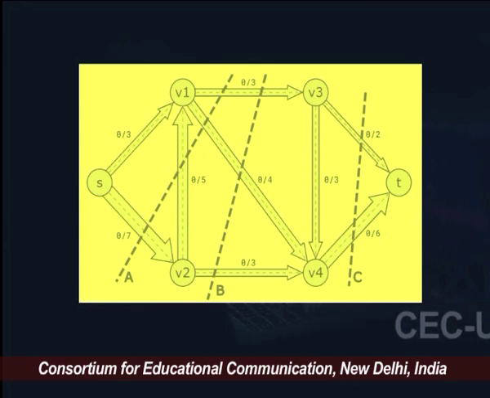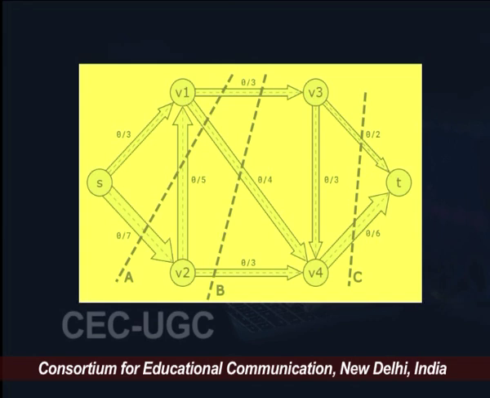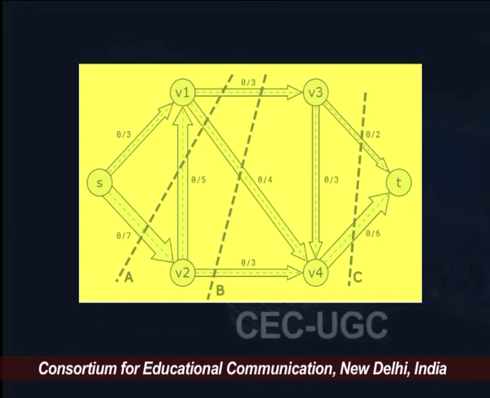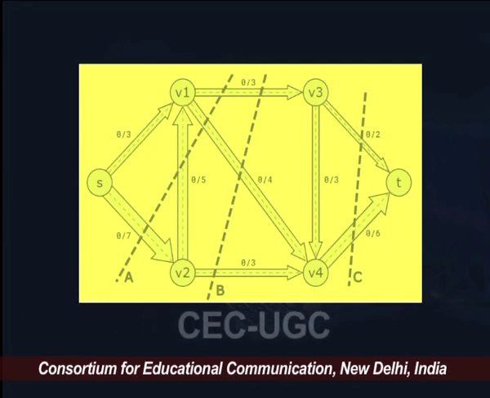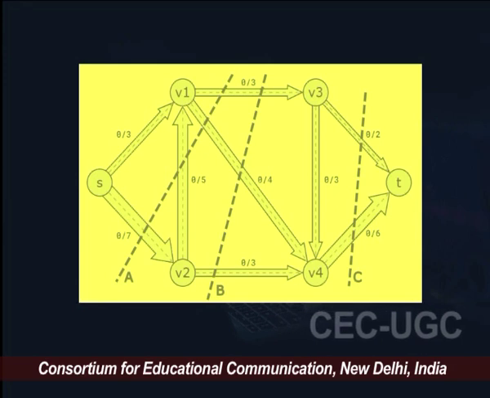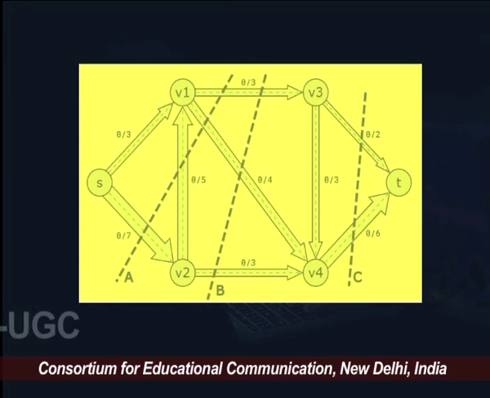Now, let us say we start expanding this set S, and we include V1 in it, and now we have our cut as the cut A. On the left side of cut A you can see S and V1, and all other vertices V2, V3, V4 and T on the other side.